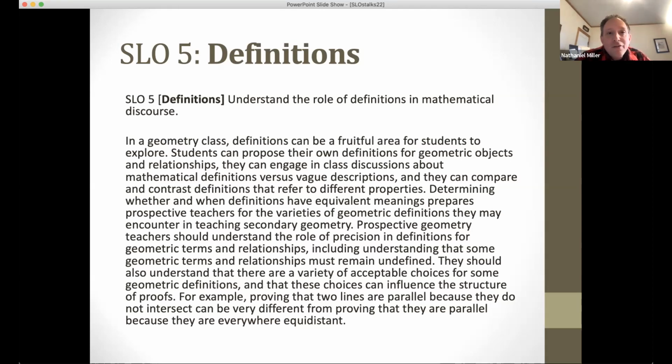We might look at how different definitions change when we put them on new surfaces. And here it talks about parallel and how proving that two lines are parallel because they don't intersect is different from proving that they're parallel because they're everywhere equidistant. And those two things might give us different kinds of shapes, say if we took it from the plane onto the sphere or into hyperbolic geometry or wherever.